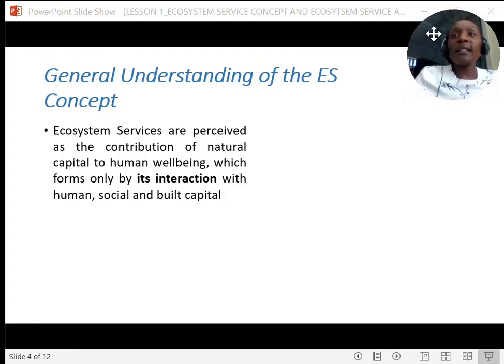Basically, ecosystem services are perceived as a contribution of natural capital to human well-being, which forms only by its interaction with the human, the social, and the built capital.